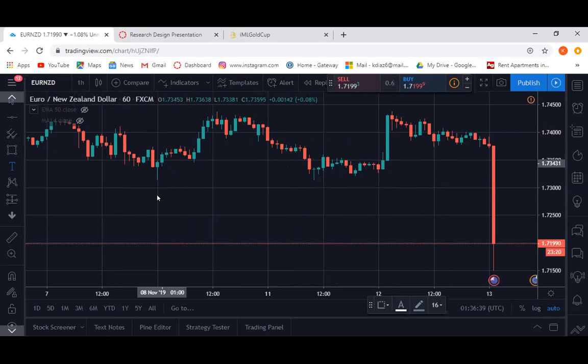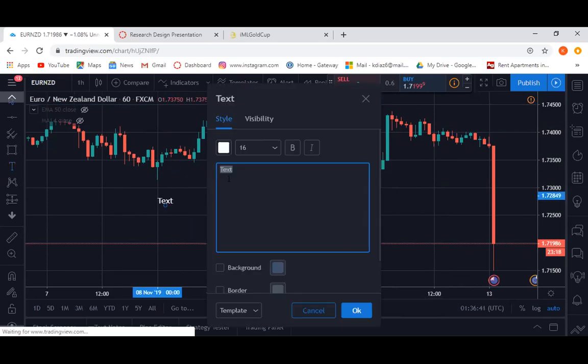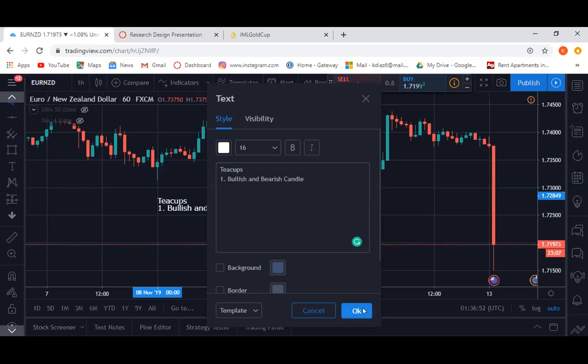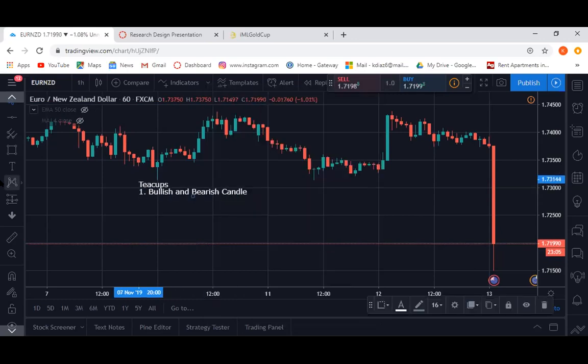Okay, so the first step with the teacups is to look for a bullish and a bearish candle. That's step number 1. So I'm going to be focusing right here in this area, specifically on this bullish and this bearish candle.